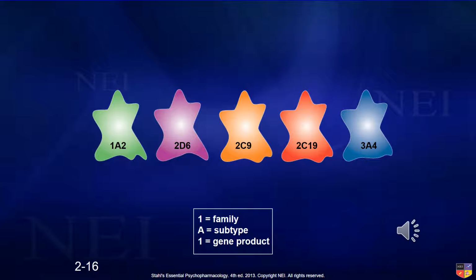And they have numbers and letters and numbers. So the P450 system, all of the enzymes in this system are identified first by a number, which is the family to which they belong, and then by subtype, which is the letter designation, and then by a gene product, which is the second number there.